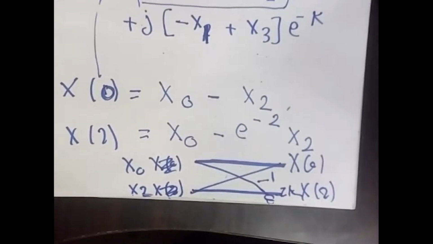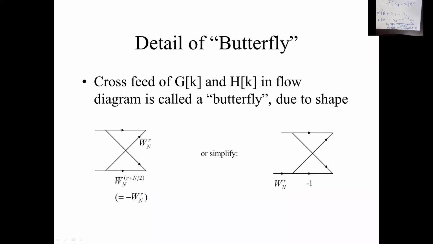Let's return back to the presentation slides. This butterfly model is simply represented here. You have two inputs, which may be the even terms or the odd terms. You have some weighting or multiplication factor, and you have two outputs.